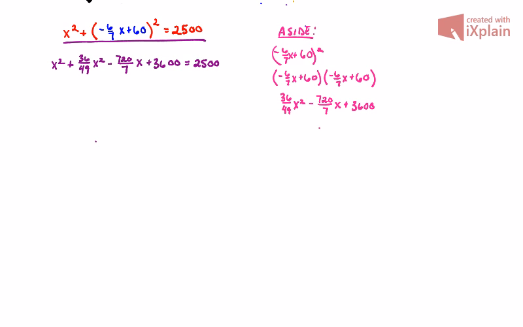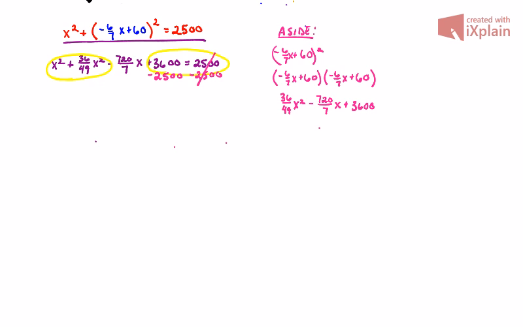Now I'm going to clean some of this up. I see that I have two like terms right next to each other right here, and if I do a little manipulation, I can combine these two like terms. In order to do that, I'm going to subtract 2500 from both sides. I'll explain why I'm subtracting the 2500 from both sides instead of subtracting the 3600.